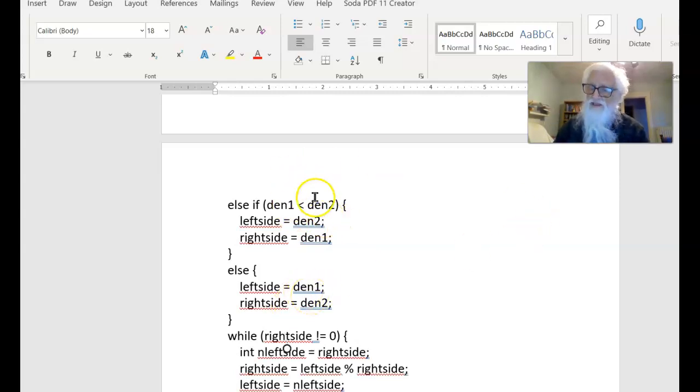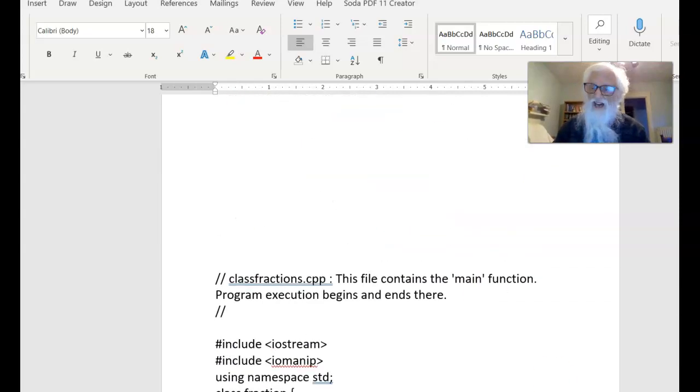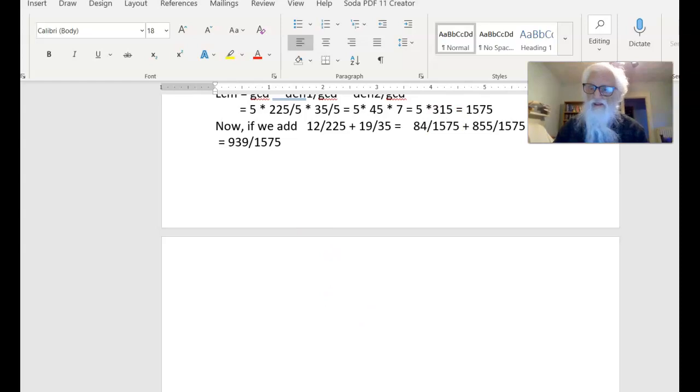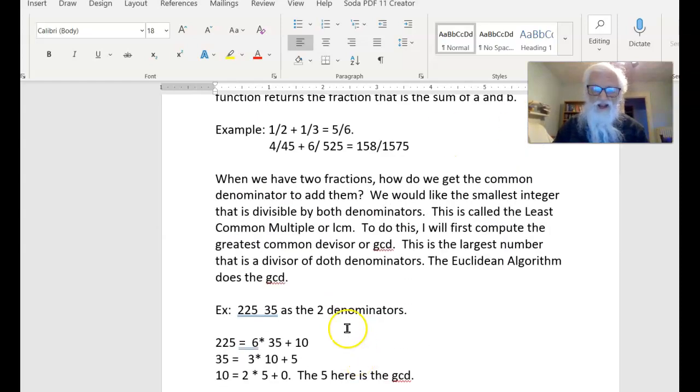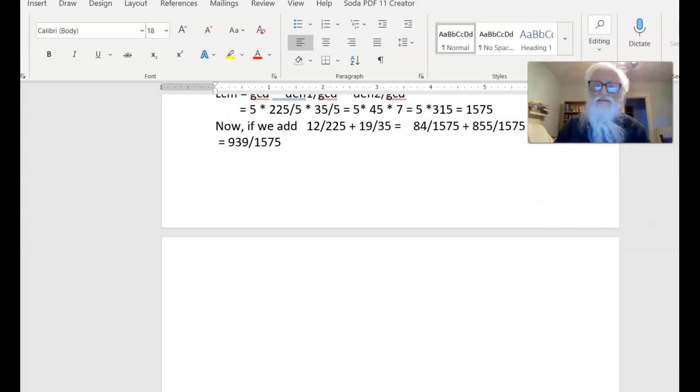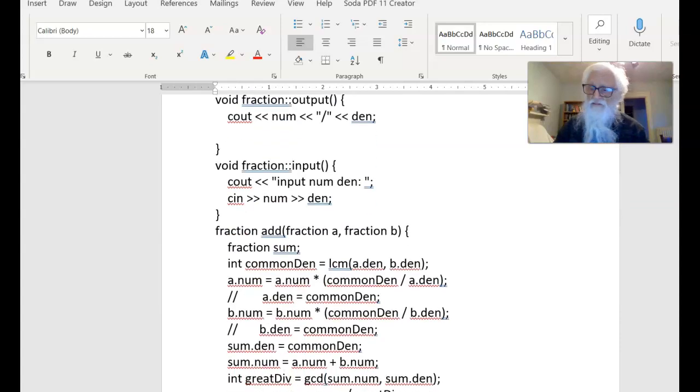So all I'm doing is getting it so that I have the larger one of the two on the left when I begin my work here. Then I do what I did there. I do the arithmetic.